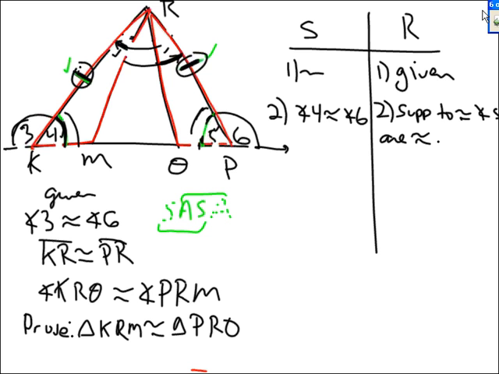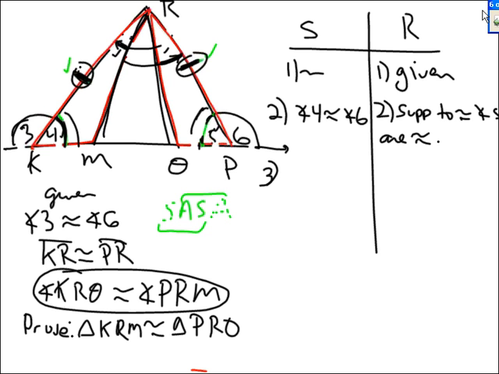I do in fact have 4 and 5. Okay? And I have KR and RP. I do have that one side. Now in the givens, I have that these two angles are equal. But I am going to remove MRO. I'm going to take away that. Okay, so statement 3 is angle KRM, just this piece up here, and this piece over here, PRO, are congruent.